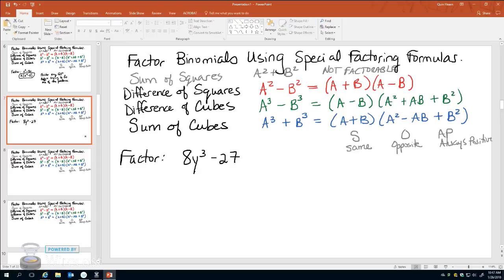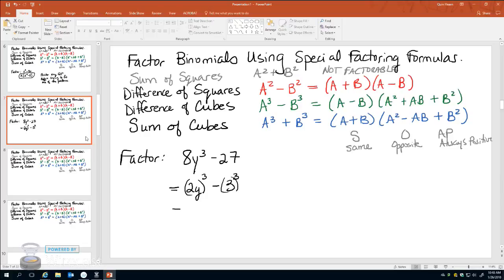Then we see, okay, it's 2 terms, and it's a difference. So could it be a difference of squares or a difference of cubes? Well, y is being cubed, so that's a hint that it's probably a difference of cubes, if anything. Is 8 a perfect cube? Yes. This is the same as 2 cubed, so 2y cubed would give us the original term back. Is 27 a perfect cube? Yes. 27 is 3 cubed.